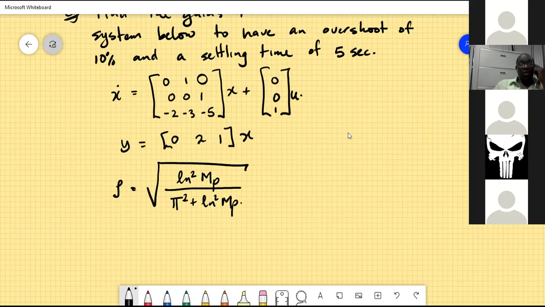So how much does that work out to? ln squared 0.1 over pi squared plus ln squared 0.1.